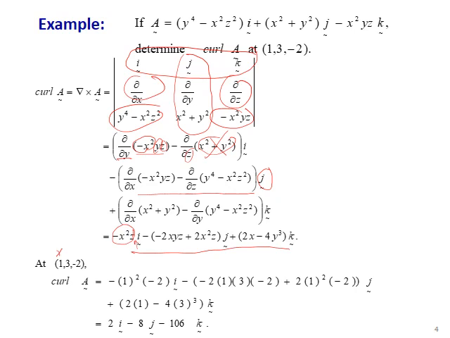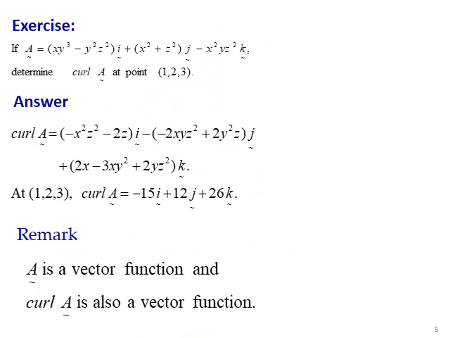Next I will substitute for x, y, z in each one of these parts. Don't forget to use the brackets, we don't want to have mistakes in multiplication. So you simplify and go through it. At the end what we got is a vector, the curl vector.